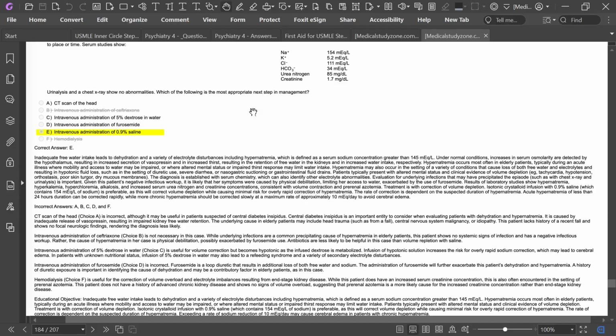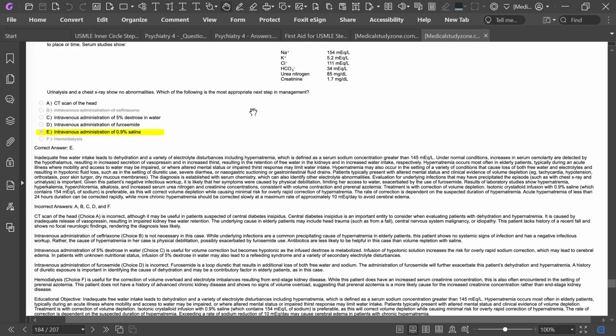Treatment is correction of volume depletion. Isotonic crystalloid infusion of 0.9% saline, which contains 154 milliequivalents of sodium, is preferable, as this will correct volume depletion while causing minimal risk for overly rapid correction of hypernatremia.